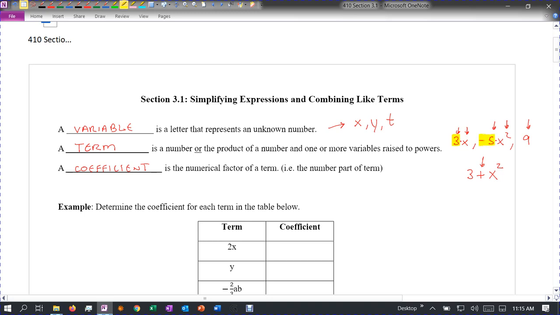Here negative 5 would be the coefficient, and here 9 would be the coefficient. So coefficient is just a number that appears in the term. Here's another example. If you had just, let's say, x cubed, that would be a term. And the coefficient, even though it's not written, would be understood to be 1, because that would be the number in front. So the coefficient of that would be 1.